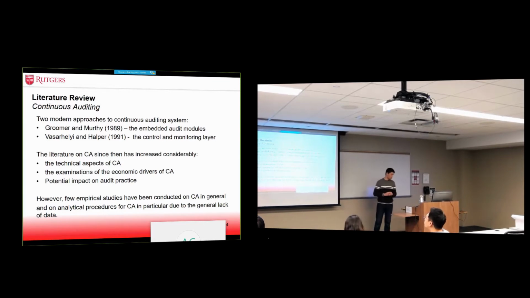Since then, the literature on continuous auditing has expanded vastly. Some papers cover technical aspects of continuous auditing, some cover examinations of economic drivers, and others also discuss how continuous auditing, if applied, would change the current practices of audit procedures.